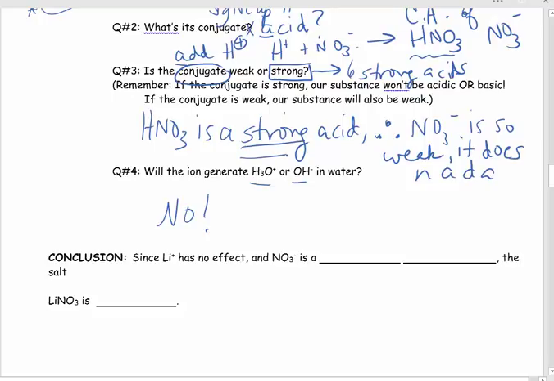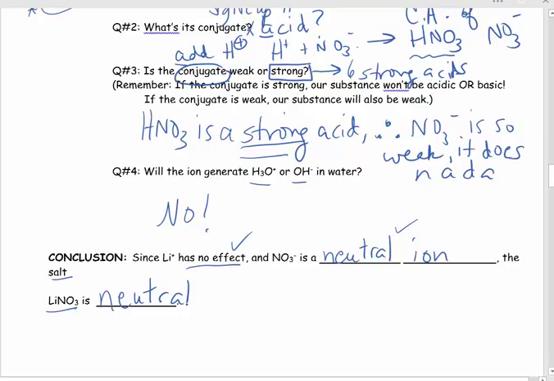So in conclusion, since lithium has no effect, we learned that alkali metal ions are unreactive, and NO3 minus is neutral. Since it has no effect on the pH, it's a neutral ion. The salt, lithium nitrate, no effect, is neutral.